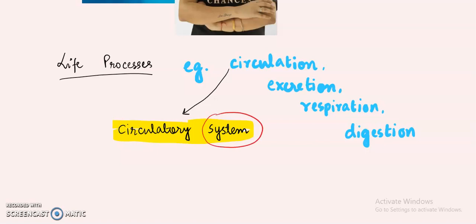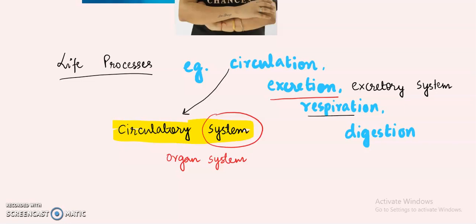This system is giving you an idea that we are talking about an organ system, right? So circulation is a function performed by the circulatory system. Similarly, the function excretion is being done by the excretory system.